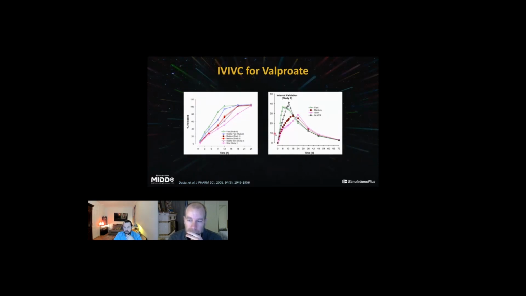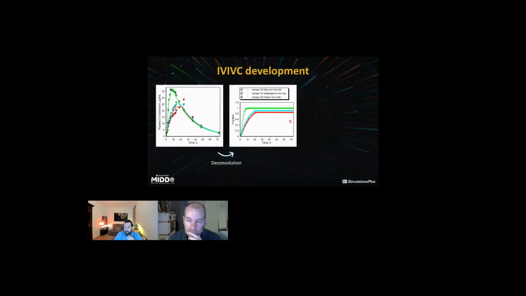Using those clinical data and the IVIVC modules in GastroPlus, we deconvoluted the in vivo release profile. You can see on the screen in the middle, in red, the in vivo release profile for the slow formulation, in blue for the moderate, and in green for the fast, and the corresponding simulations for those formulations using those in vivo release profiles.